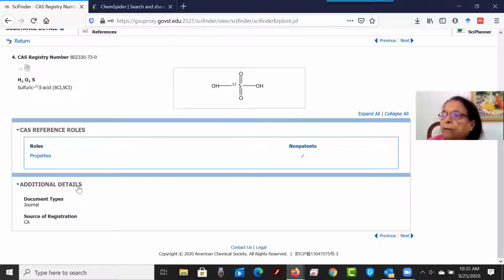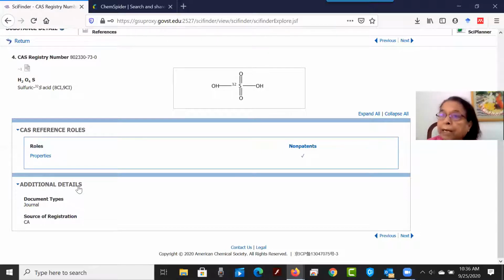A lot of times it also tells you where you can buy it. If you're working in a lab and you have to buy chemicals and start your experiments, or you need to order them for your particular experiment, this is where it comes in handy to find out where you can get that substance.